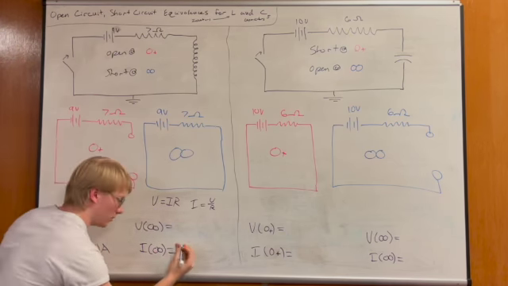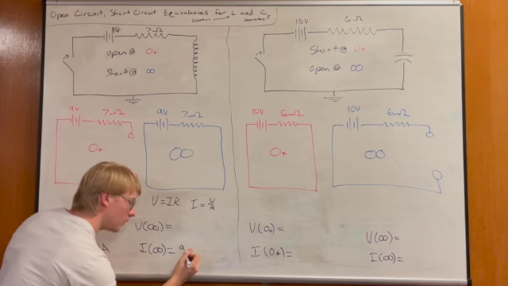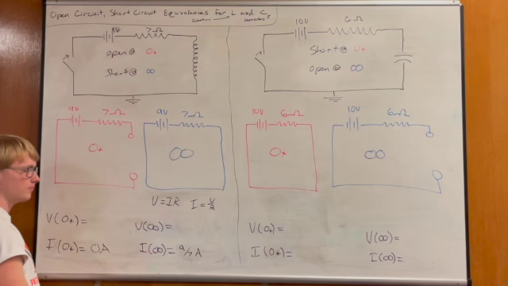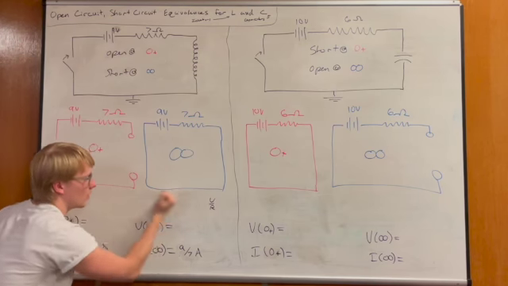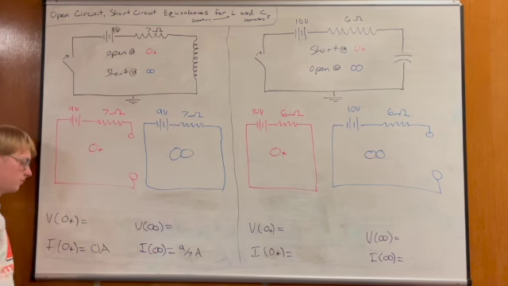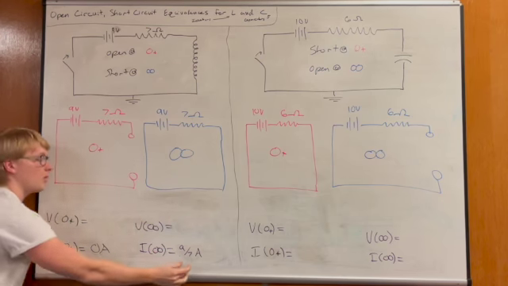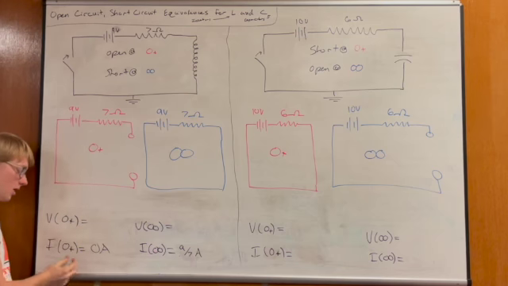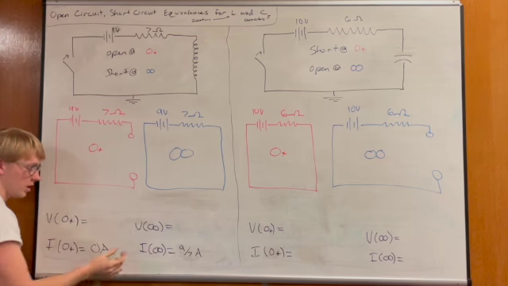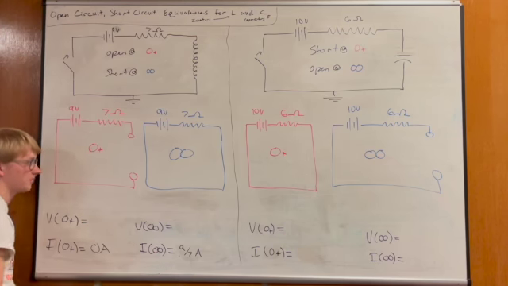So our current is 9 over 7. Those are the currents initially and after a long period of time over this branch.